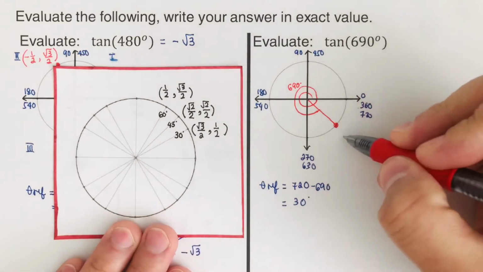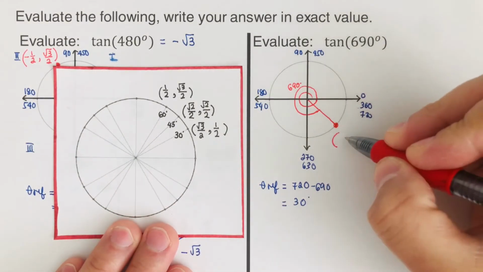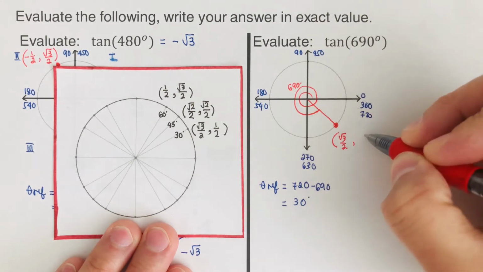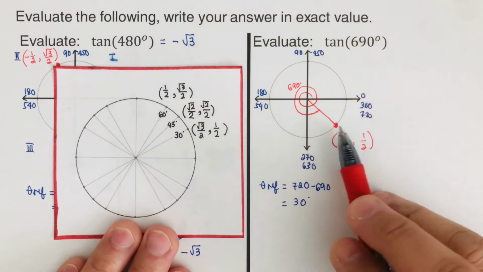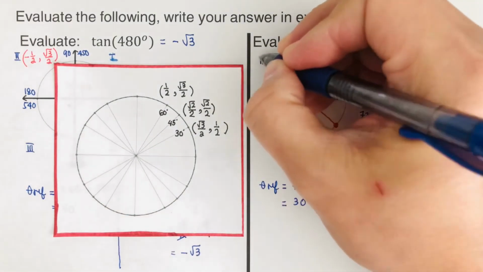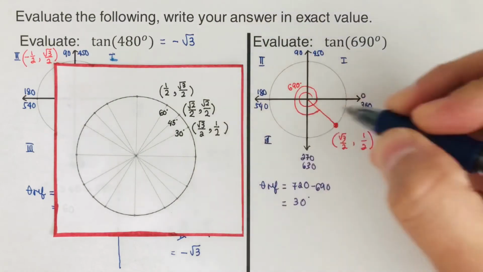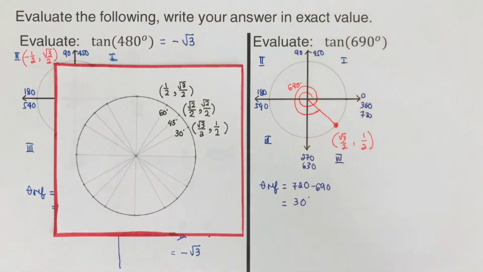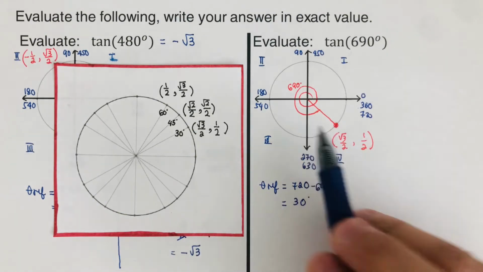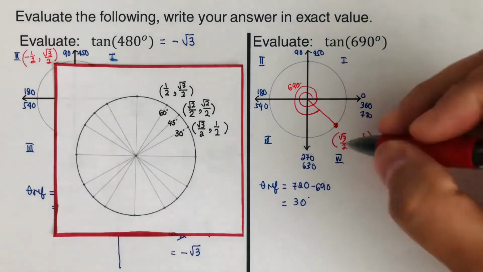So then the values for this one would be square root of 3 over 2, and then that's 1/2. Now, since this is in the fourth quadrant, remember this is the first quadrant, this is the second, this is the third, and this is the fourth quadrant. Since this is in the fourth quadrant, the x is positive and the y is negative. So I can go ahead and put a negative to the 1/2.